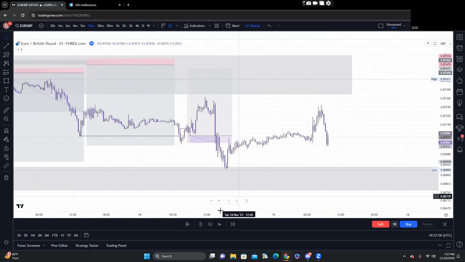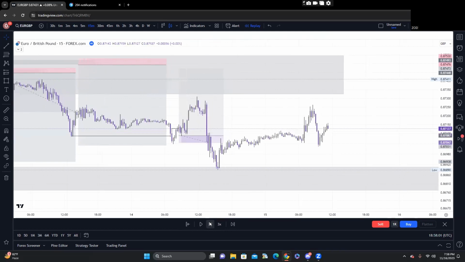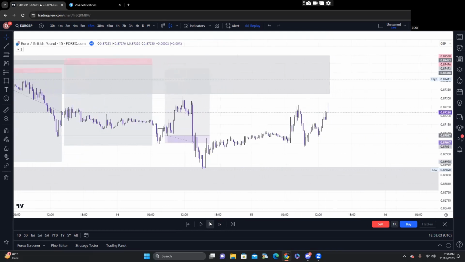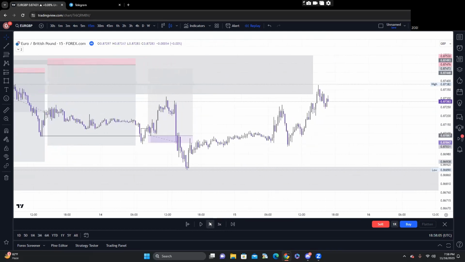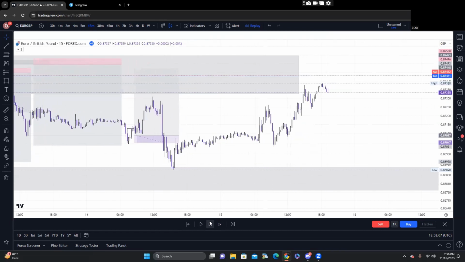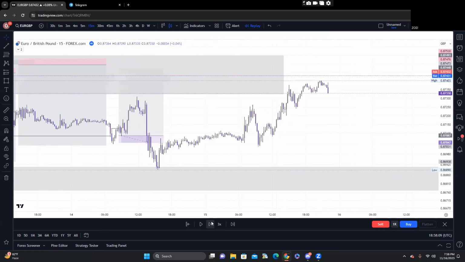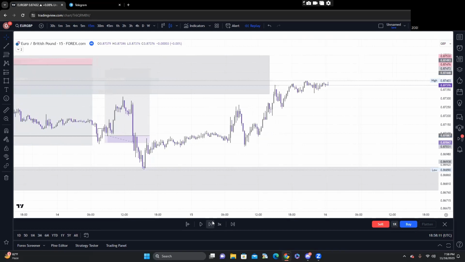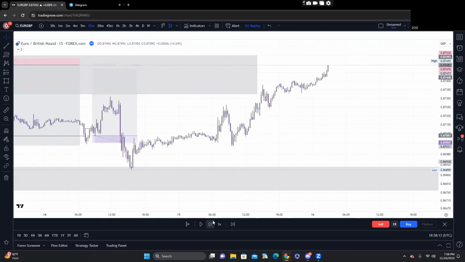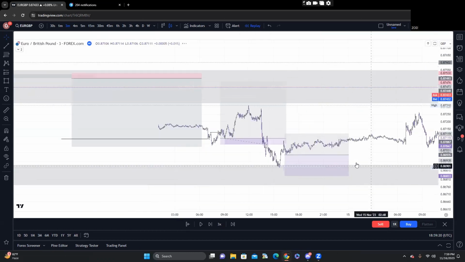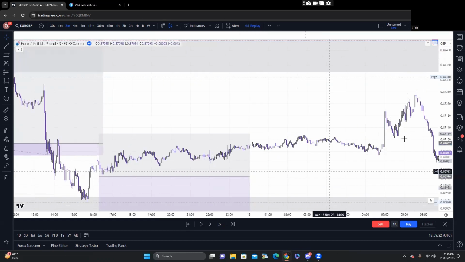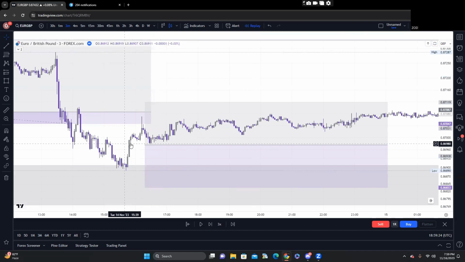This would have been our entry here. So this was the buy that we were anticipating, but sadly, I did not take this buy. So yes, this would have been the entry. This would have been our entry here.